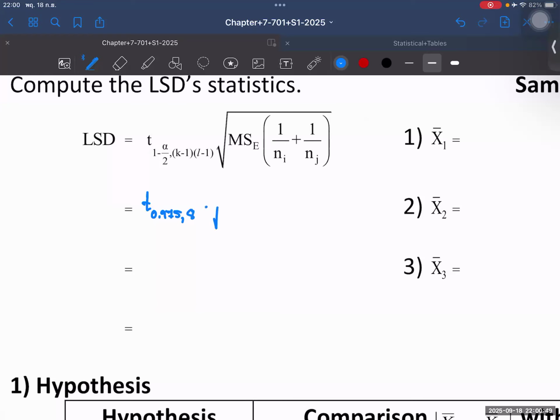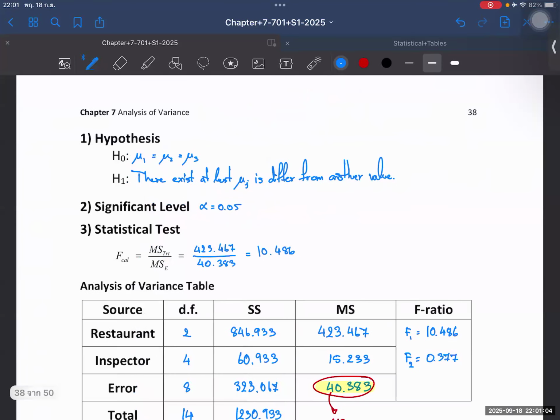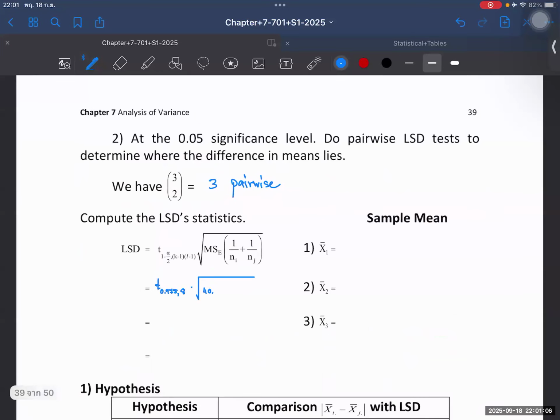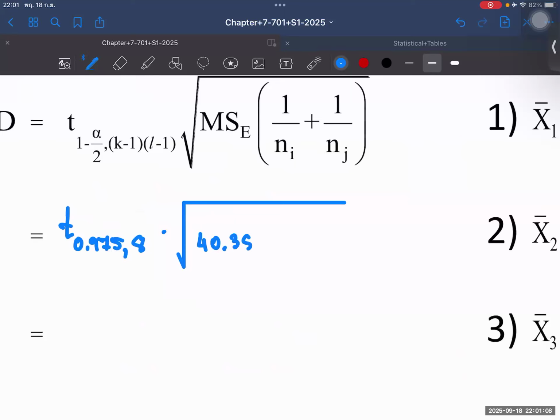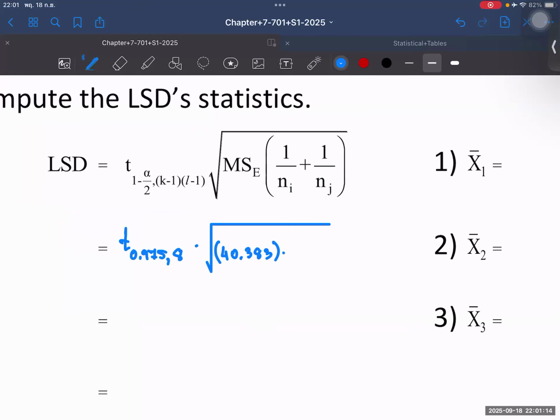And we have to see the square root of the mean square error. So the mean square error is 40.383, right? 383. And we see that the sample size for each treatment is equal.